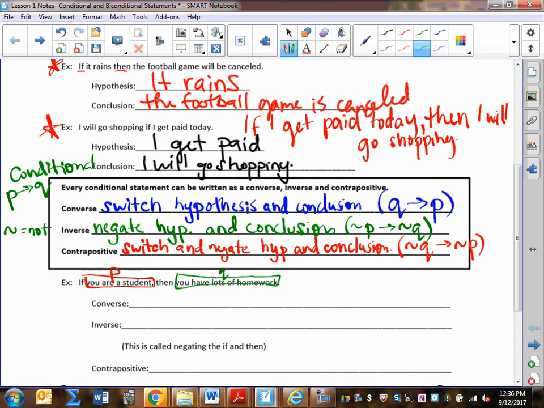I want you to go ahead and try to write the converse, the inverse, and the contrapositive.